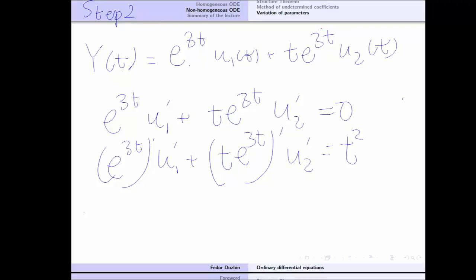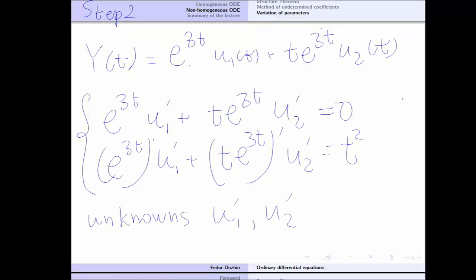Well, but the nice thing about it is that this is actually a system of algebraic equations with unknowns u1 prime and u2 prime. So for every specific value of t, we get a system of algebraic equations on u1 prime and u2 prime.